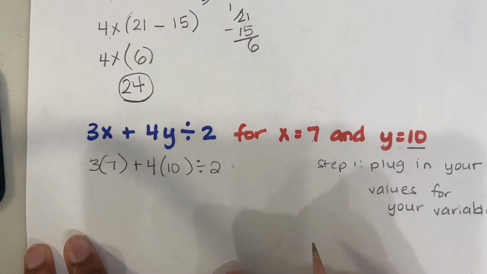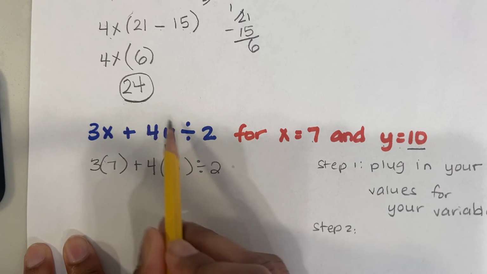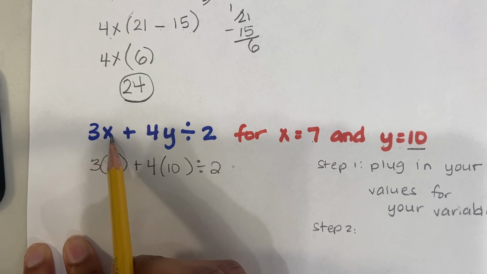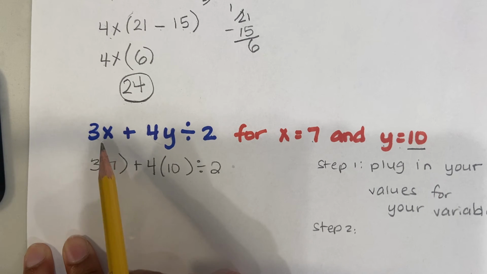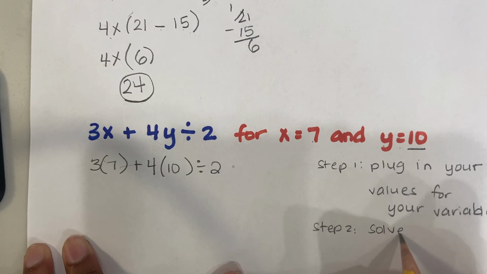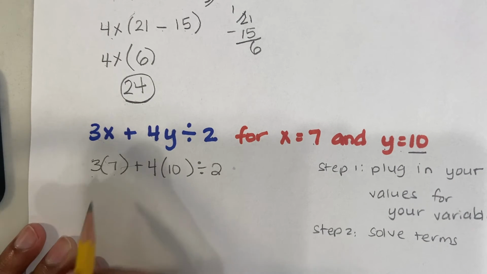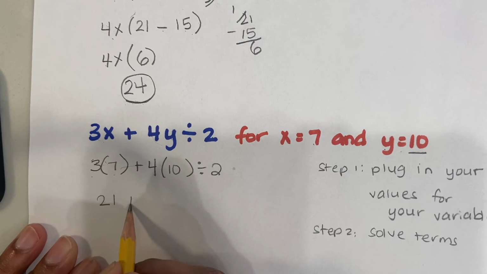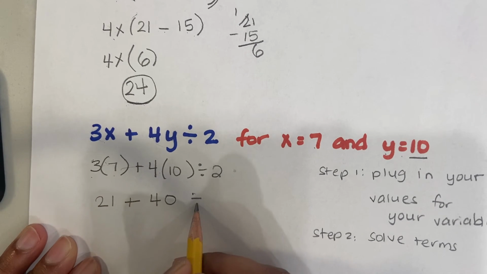Great. Now my step 2, what you want to do is you want to solve for what this variable was. So this term, 3x and 4y, you want to solve those terms. Solve terms. Okay, so 3 times 7 is 21, plus 4 times 10, which is 40, divided by 2.